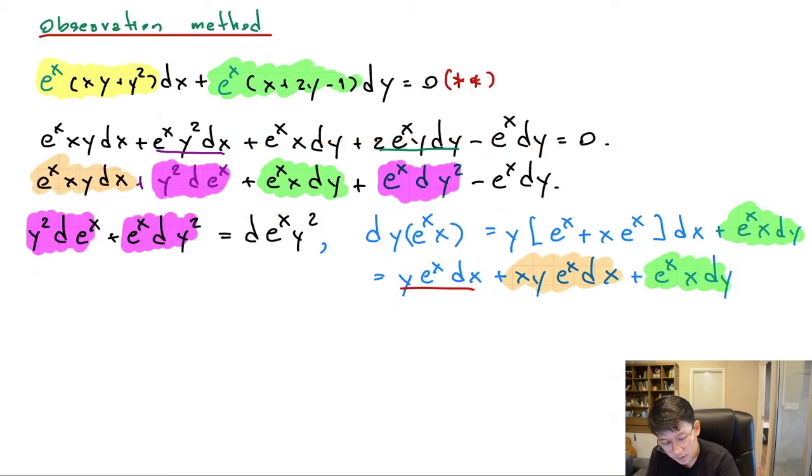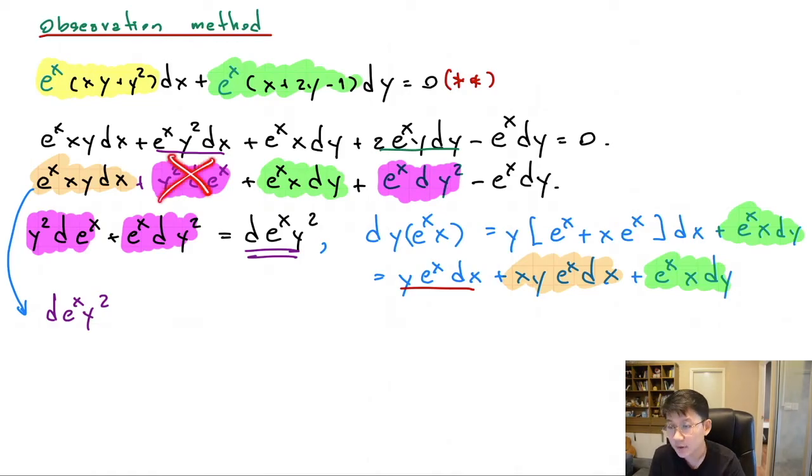I'll go with this term first, which is d of e to the x y squared, which is from these two terms. Make sense?